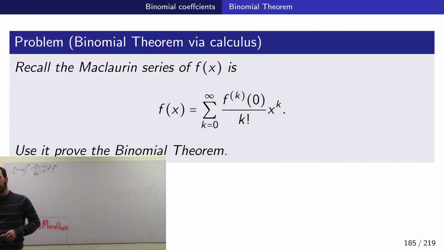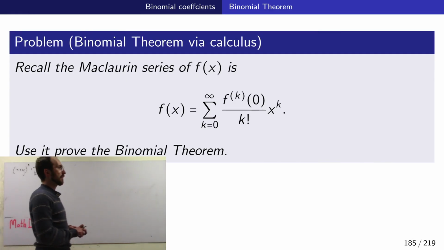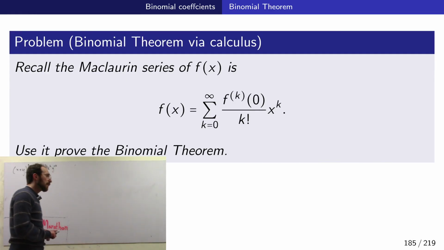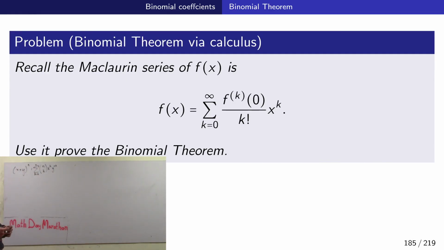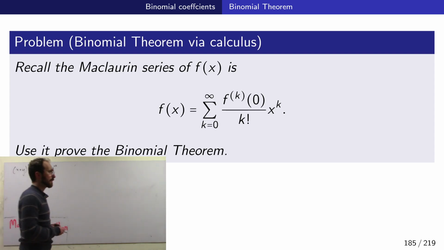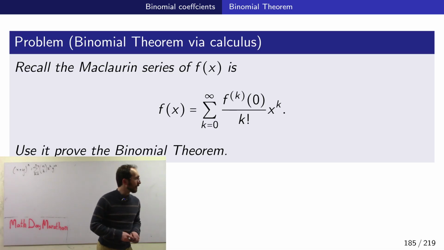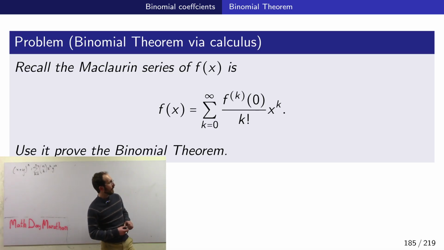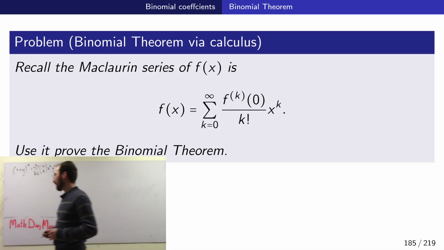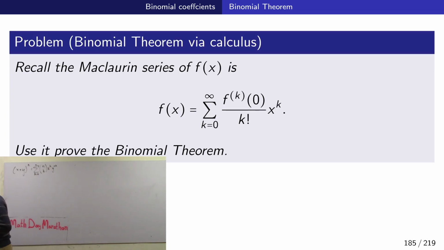Okay, it says f of x is equal to the infinite sum over the derivatives of your function at 0 times x raised to the k over k factorial. You take the kth derivative for all k's possible, and you do this here formula.